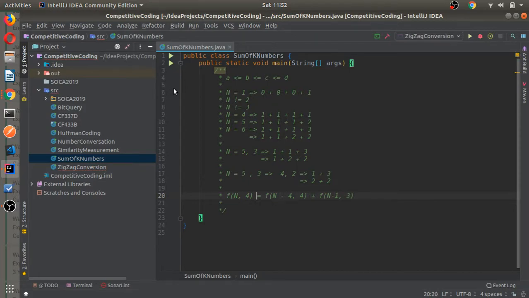So if we represent 4 as k, then it should be n minus k and k, and it should be k minus 1.